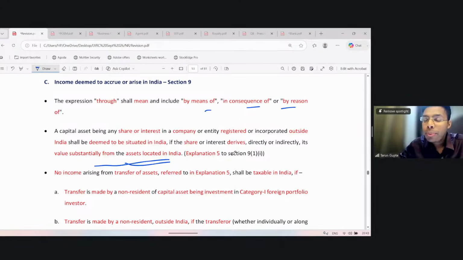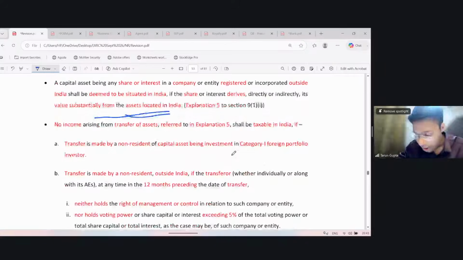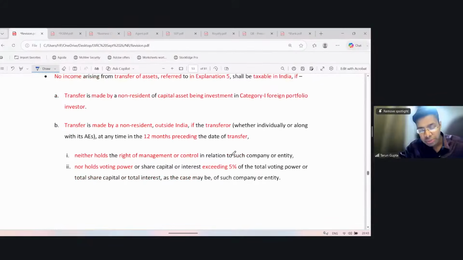Benefit provided: it says Explanation 5 shall not apply if the transfer is made by a non-resident of a capital asset being investment in Category I FPI, or a transfer made by a non-resident outside India if the transferor, whether individually or along with associated enterprises, at any time in the 12 months preceding the date of transfer, neither holds the right of management or control in relation to such company or entity, nor holds voting power or share capital or interest exceeding 5% of the total voting power, share capital or total interest, as the case may be, of such company or entity. So in these cases, Explanation 5 shall not apply.